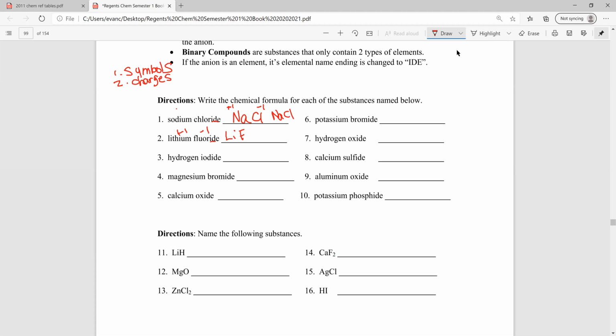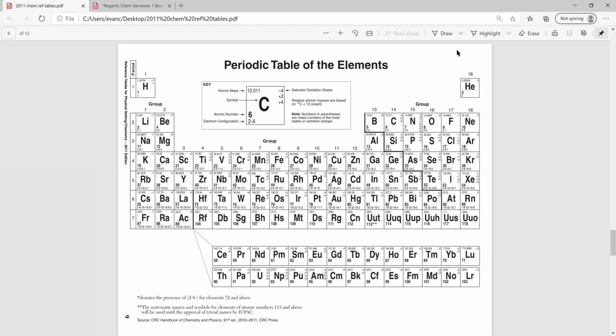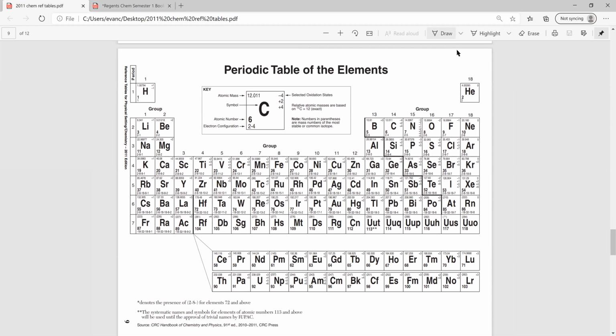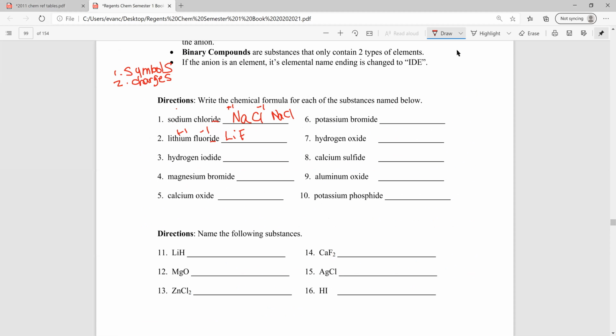Now I have hydrogen and iodine. A quick look at my periodic table: hydrogen can be +1 or -1, and iodine has a bunch of different charges. Whatever one is listed first is the positive ion, and whatever one is listed second is the negative ion.